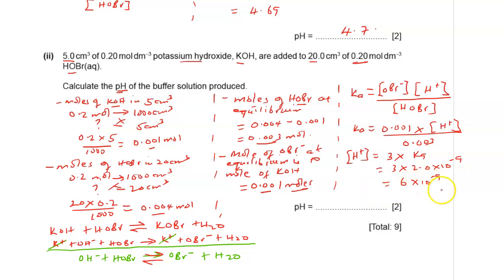This is the hydrogen ion concentration, and therefore we can get the pH. pH is minus log 10 of this, 6 times 10 raised to power minus 9. And therefore the pH will be 8.22. The pH that is in the range of bases. The acid pH is usually less, but we are looking for the pH of the buffer solution, so it's slightly alkaline right there.